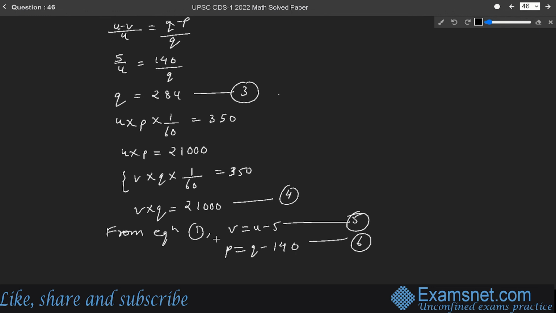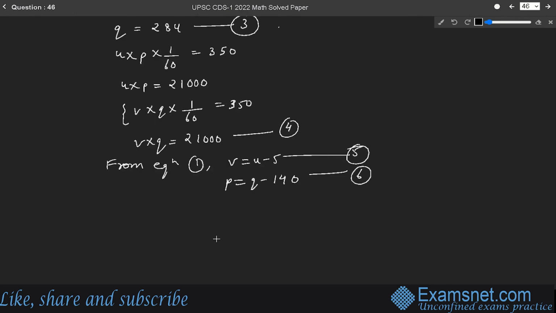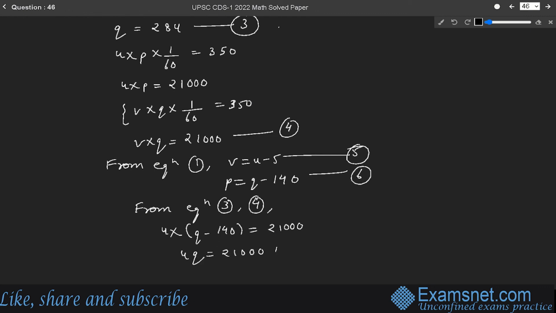Now from equations 3 and 4, we have u into q minus 140 is equal to 21,000. We have put the value of p here. So u into q will be equal to 21,000 plus 140u.